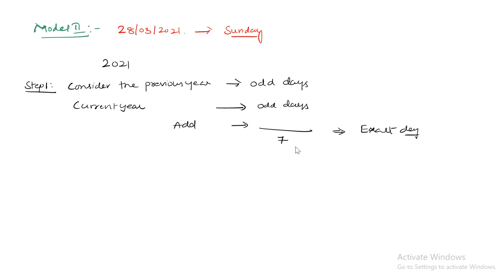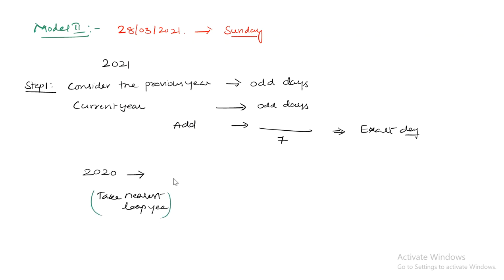So let's take this here. First of all, the first step is to consider the previous year. So I will take the previous year, 2020. So in this 2020, take the nearest leap year. So this is an important point in this concept here.